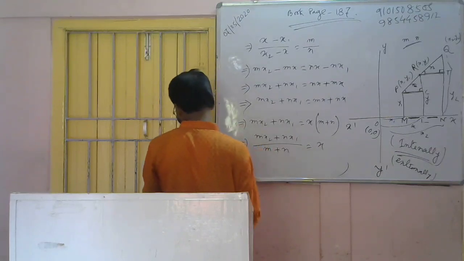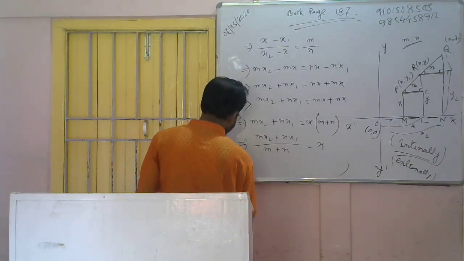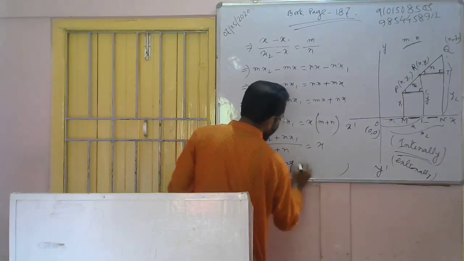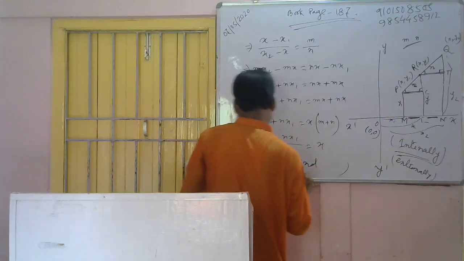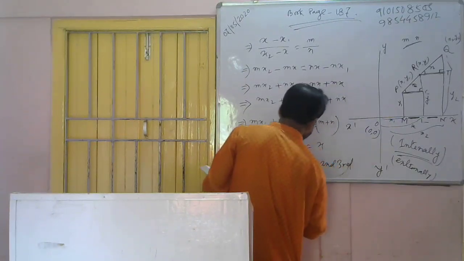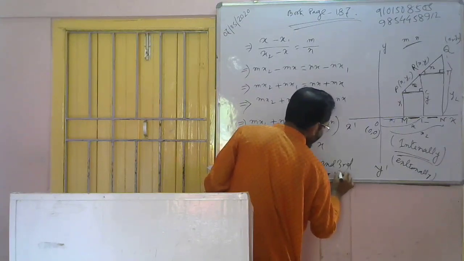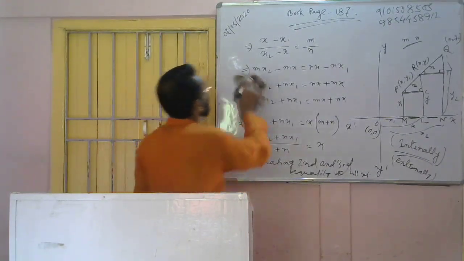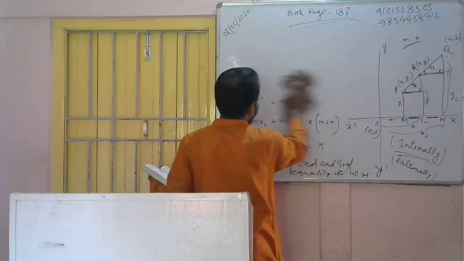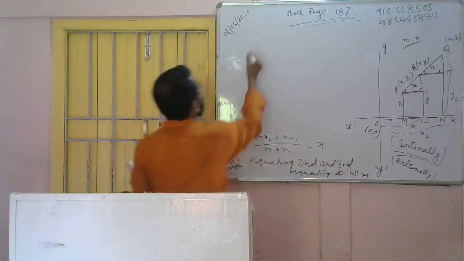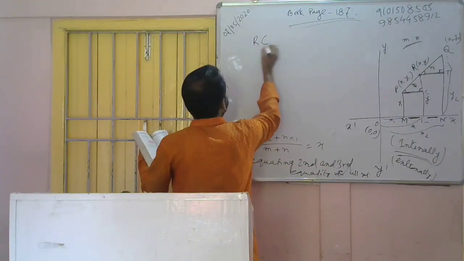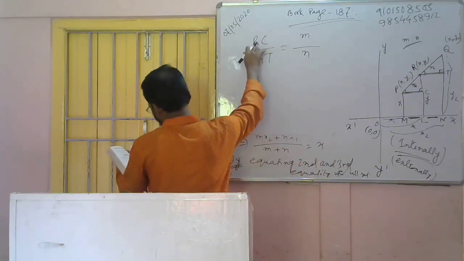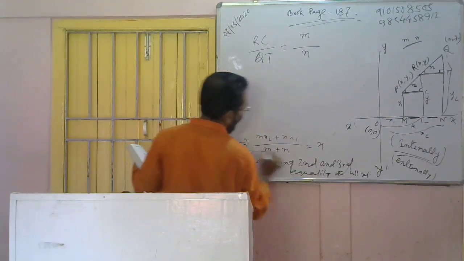This one is X. Similarly, if we are equating the second and third equality, we will get from the second one RC by QT, and the last one is M by N. Now here one thing we are getting.